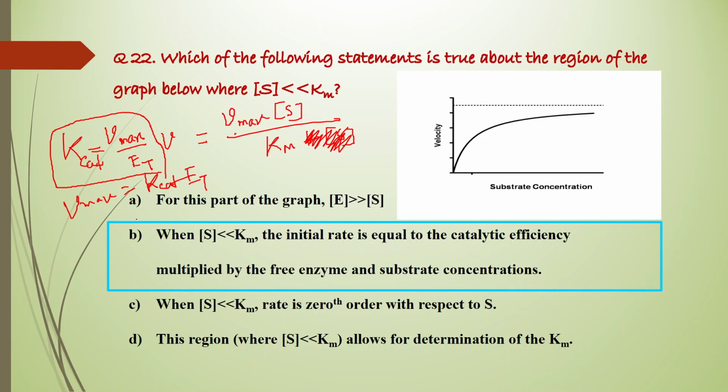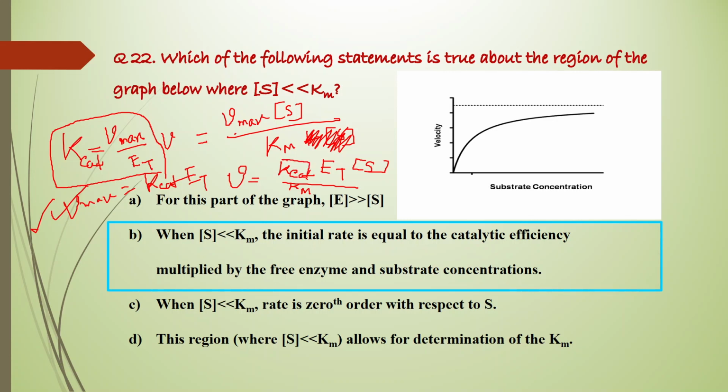So now if we substitute this particular equation into our Michaelis-Menten one, V equals Vmax, now in place of Vmax we can place Kcat into total enzyme concentration, then substrate concentration divided by Km. Now look at the second option. It says the initial rate is equal to the catalytic efficiency multiplied by the free enzyme.